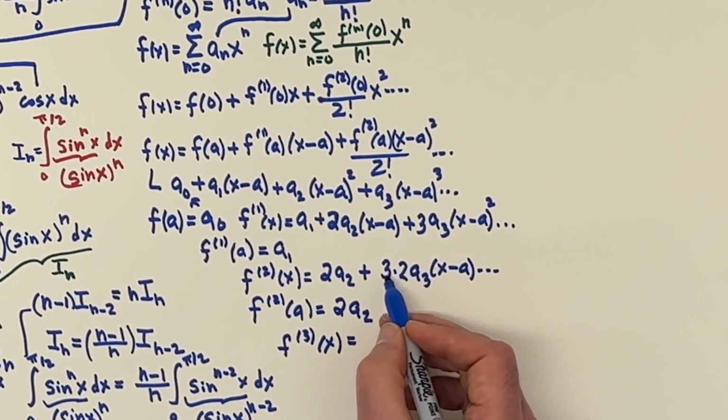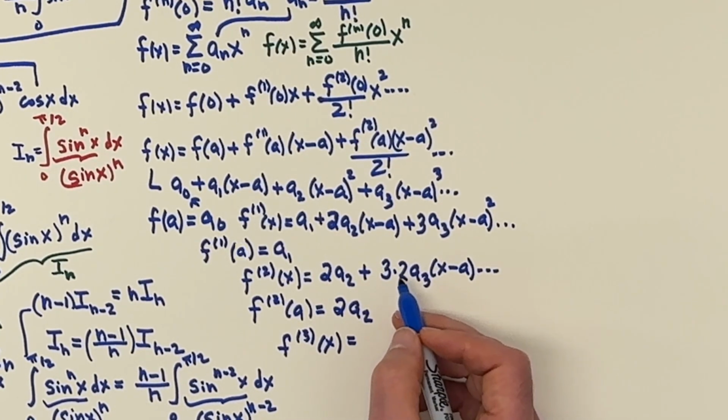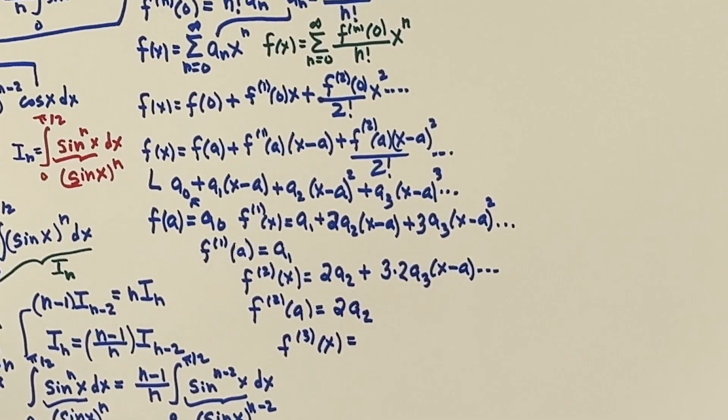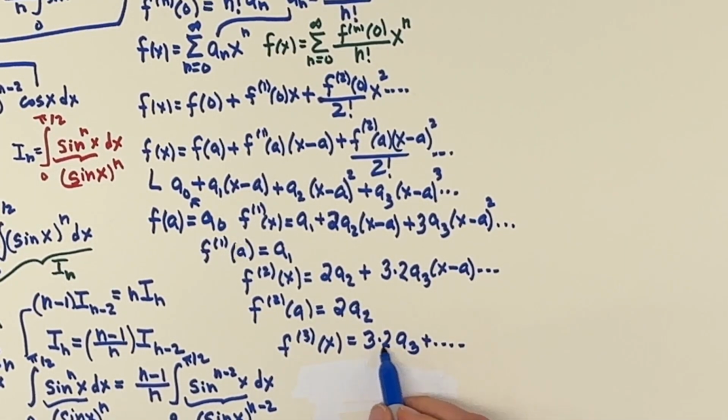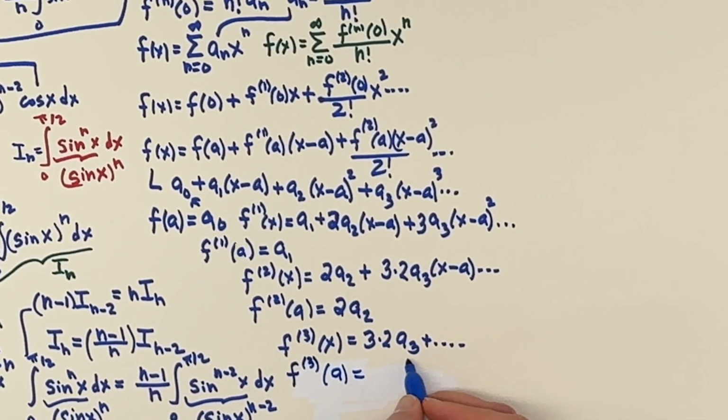Now you can think of it that this times x, this gets pulled off, and then this times a constant, that other piece is going to be 0. So that's going to be 3 times 2, a3. So here I still have things with x's in them, so I have to go to the next step and evaluate where x is a, then all the other stuff goes away, and I get 3 times 2, a3.